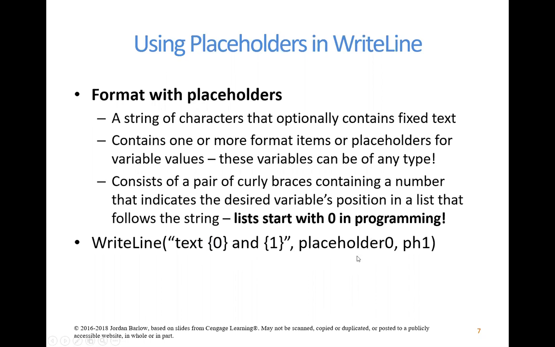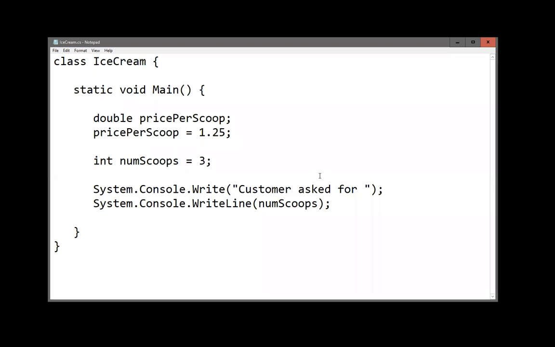And whatever the value of that variable is, it will be stuck inside that placeholder of the string. So let me show you with our ice cream example exactly what I mean. So here I'm actually going to comment out these 2 lines.